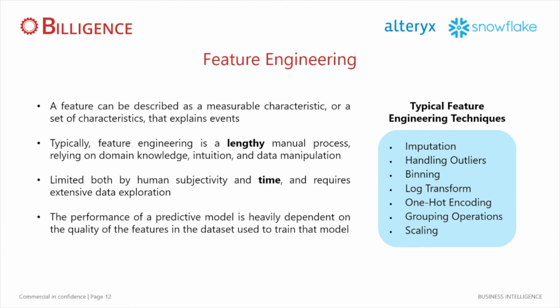Some typical techniques are imputation, perhaps filtering out outliers, binning, as we've seen before in that example with average spend, log transforming, the one-hot encoding that I just performed, grouping and scaling.